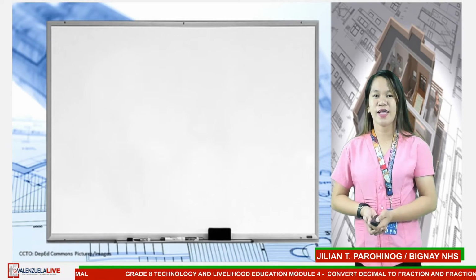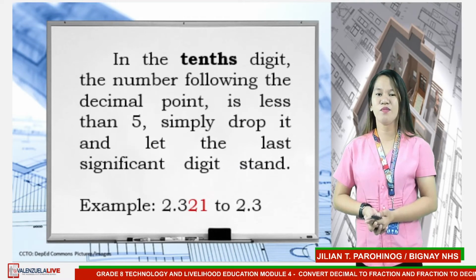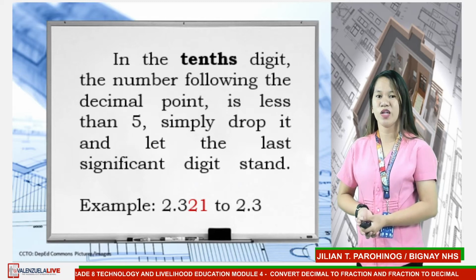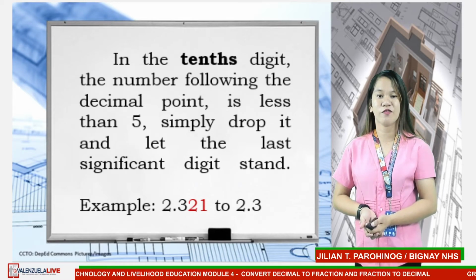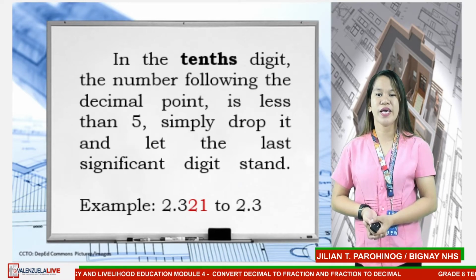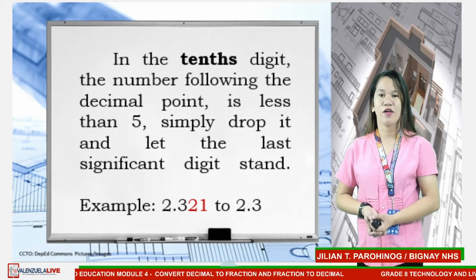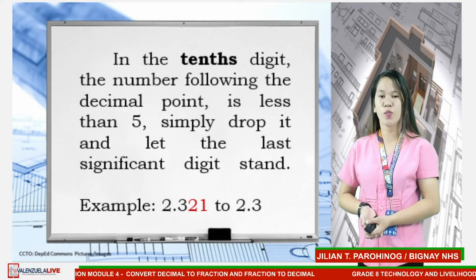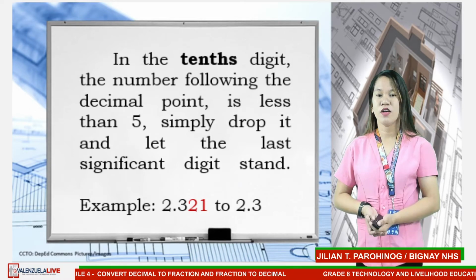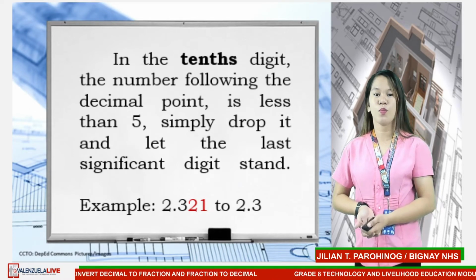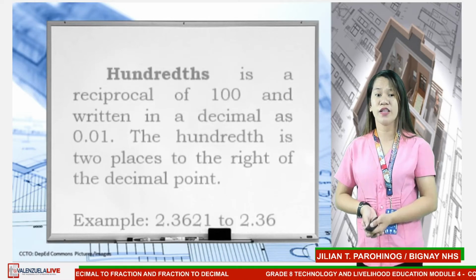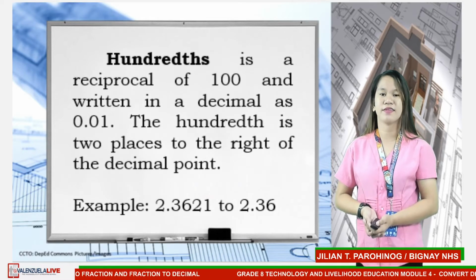In the tenths digit, if the number following the decimal point is less than 5, simply drop it and let the last significant digit stand. For example, we have 2.321. That becomes 2.3 because it is rounded off to the nearest tenth.